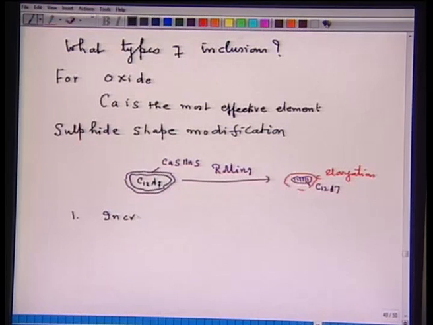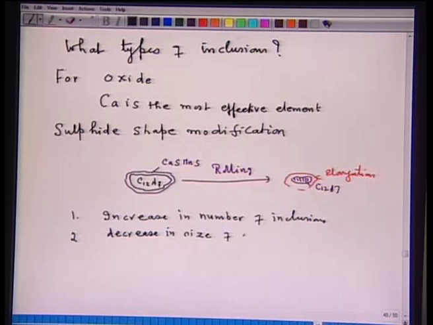Now, the addition of calcium or misch metal has been done in one particular place, for example, in duplex stainless steel, and what they have observed is an increase in the number of inclusions, and also a decrease in the size of inclusions.